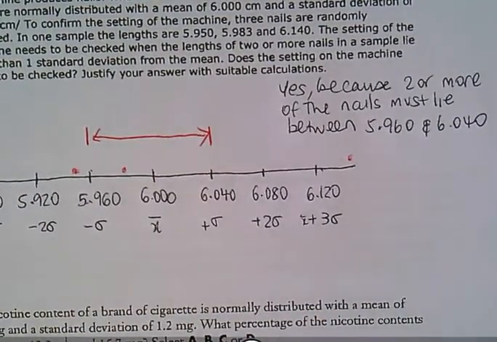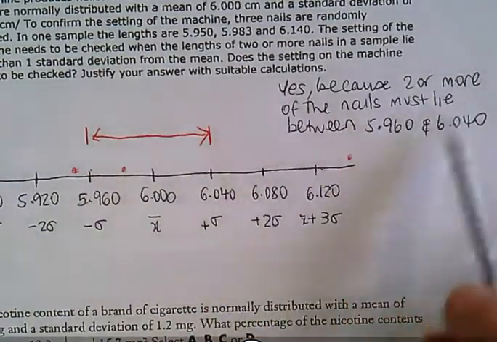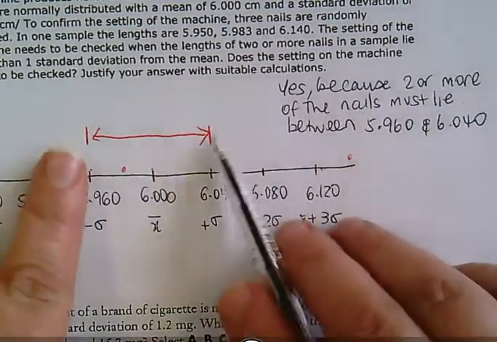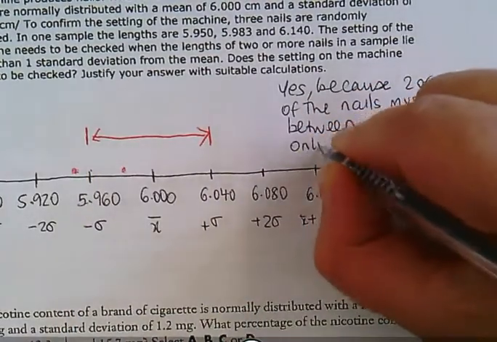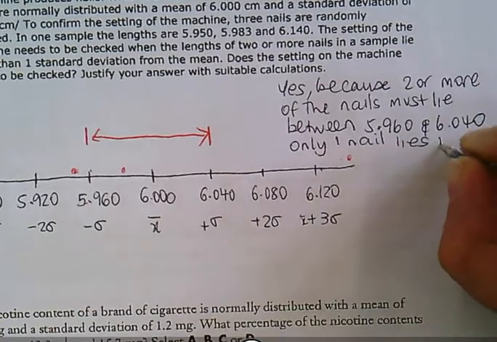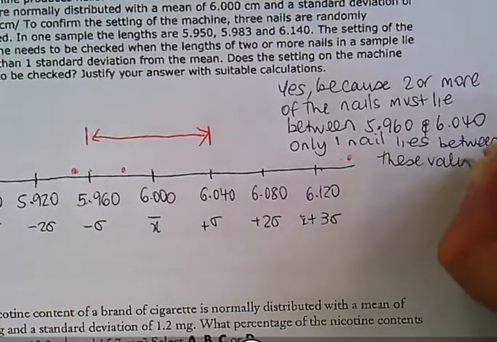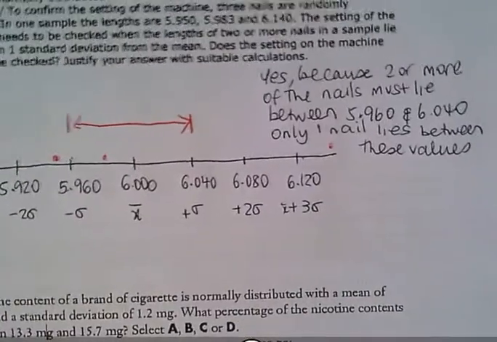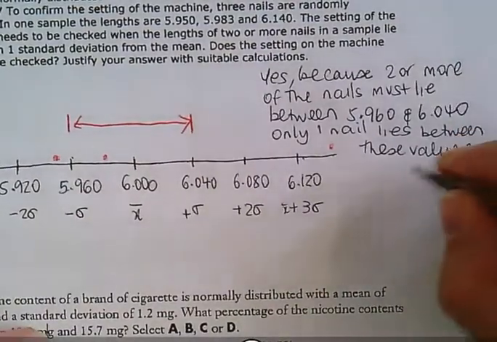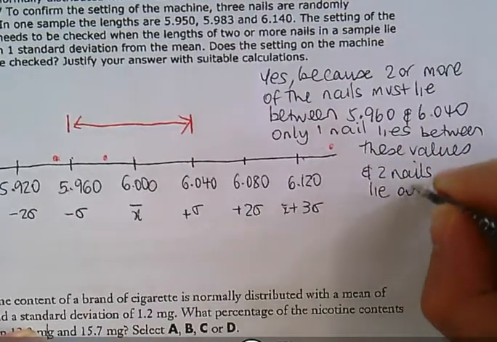No, you don't need the 0 on the end. So it does need to be checked because 2 or more nails must lie between those 2. And only 1 nail does lie between those. Only 1 nail lies between these values. And 2 lie outside. Do you get it? Only 1 nail lies between these values. And 2 nails lie outside these values.